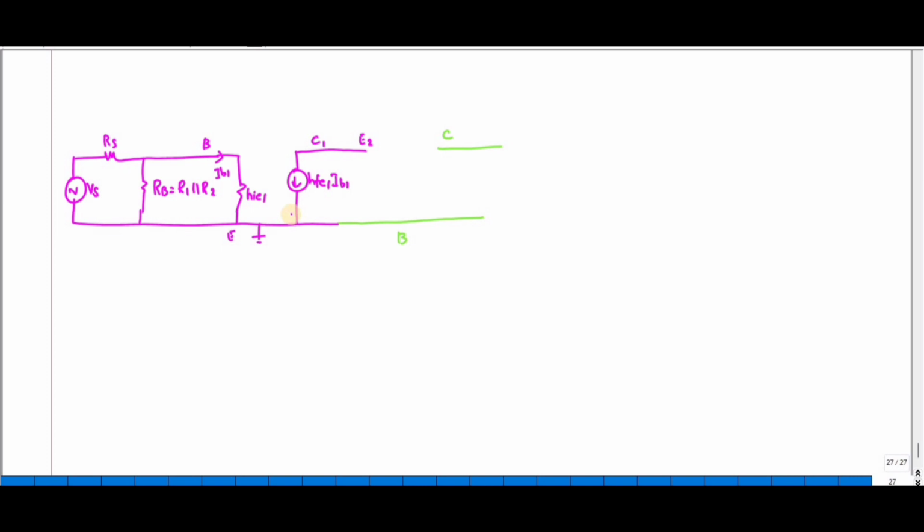From collector to emitter you have a current source, which I connect like this. This is nothing but HFE2 of IB2.